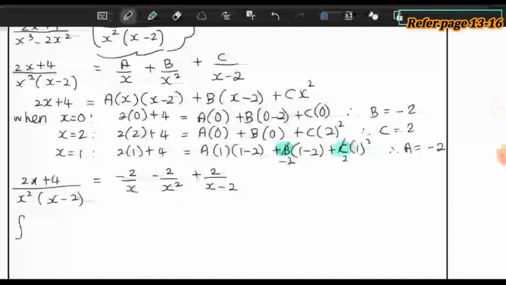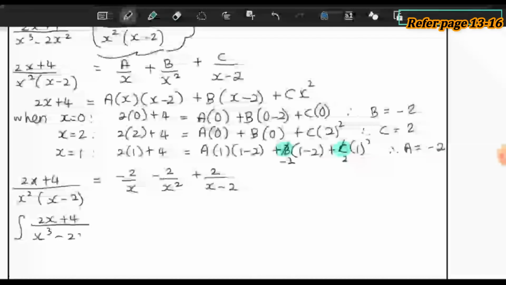Therefore, the integration of 2x plus 4 over x cubed minus 2x squared dx equals the integral of negative 2 over x minus 2 over x squared plus 2 over x minus 2 dx.